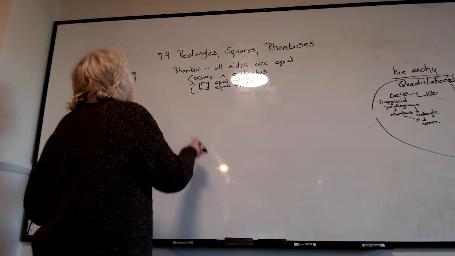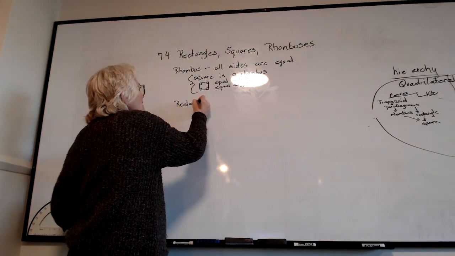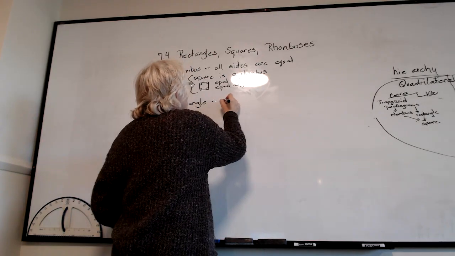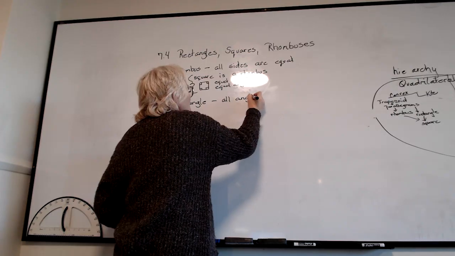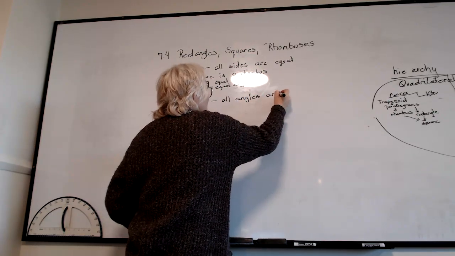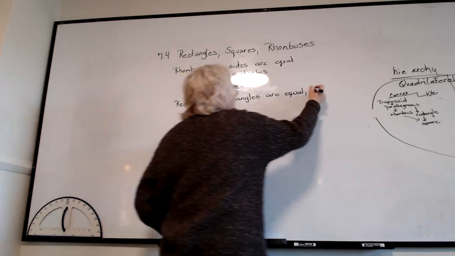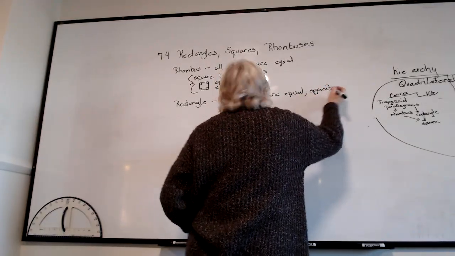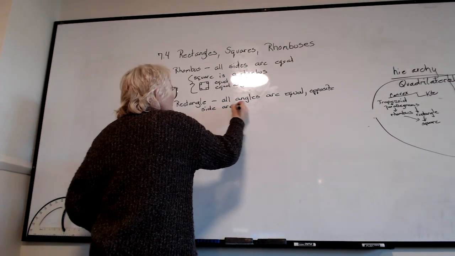A rectangle is basically all angles are equal and opposite sides are equal.